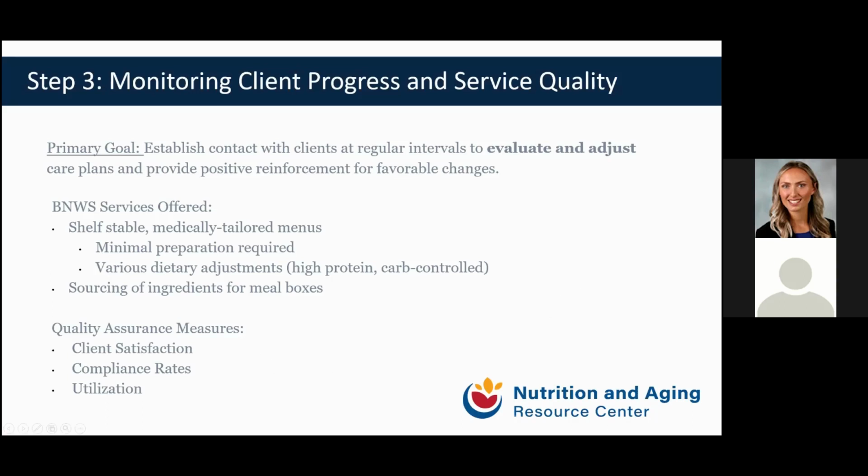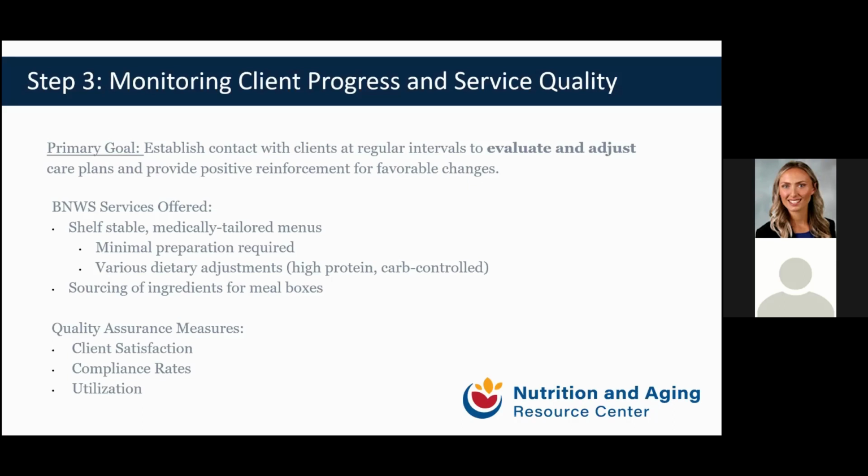Now, for quality assurance, you can measure client satisfaction, compliance rate, utilization. These are some of the items for our meals and for our program that we did measure with the hospital. In terms of the meals that we had provided, there were dietary adjustments. There were high protein, high calorie meals. There were carb control. There were low sodium and heart healthy.